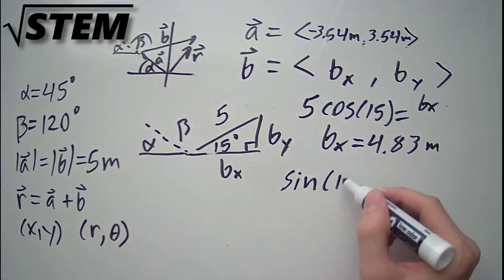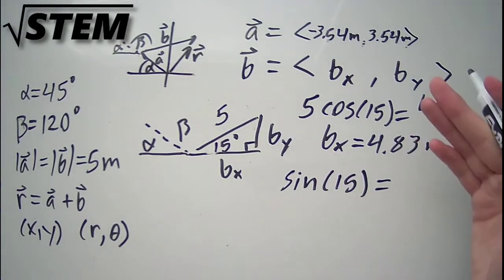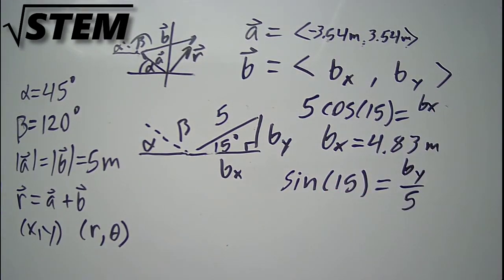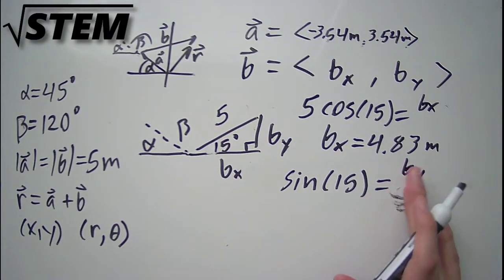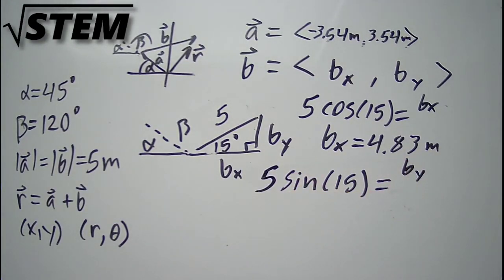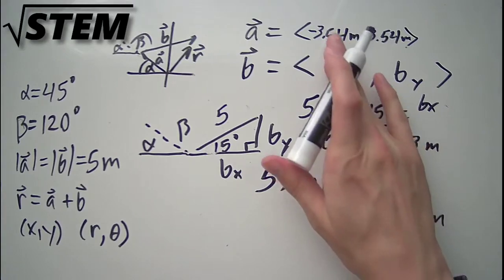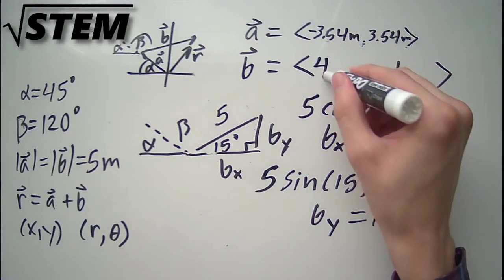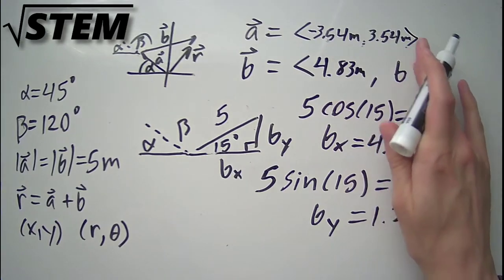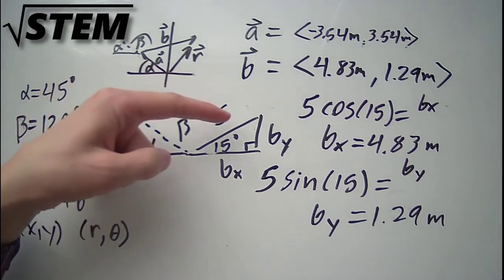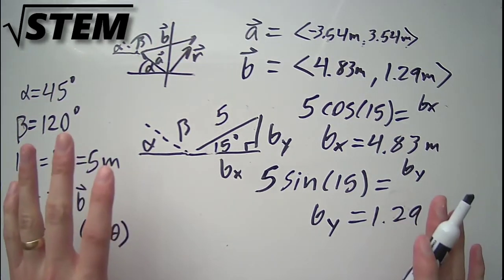Since sine relates the opposite to the hypotenuse, we get By over 5. We'll multiply on both sides by 5 to get that By equals 5 times the sine of 15, and that comes out to 1.29 meters. So we'll write those in: 4.83 meters, 1.29 meters. And it's pointing in the positive direction for both of those, so we don't need to change any signs.